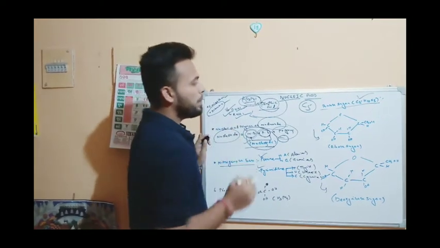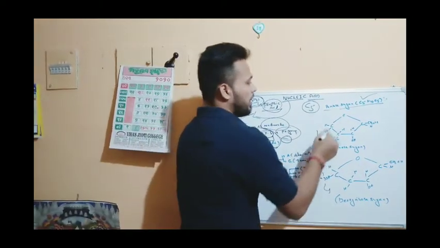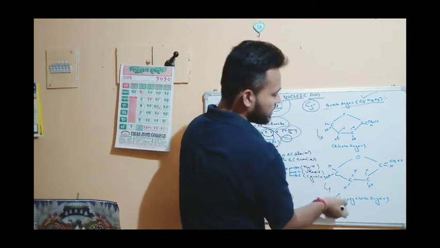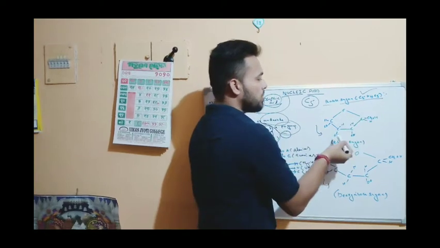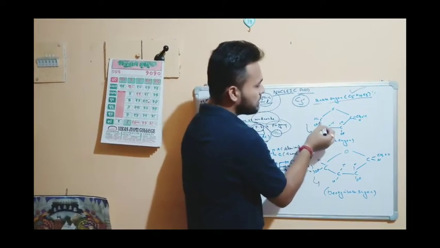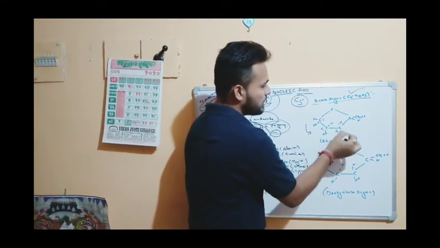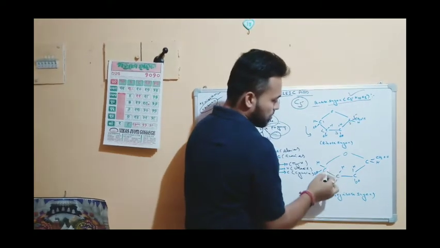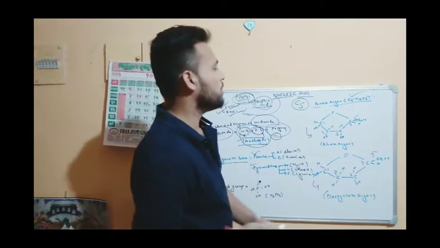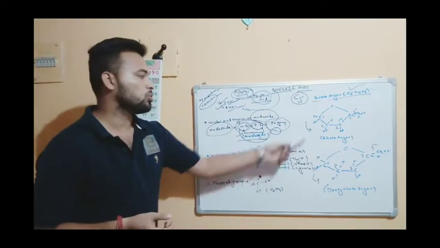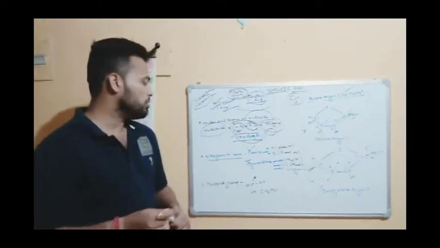The ribose sugar contains one more oxygen than the deoxyribose sugar. Let's make the graph with carbons 1, 2, 3, 4, 5. So there are two types of pentose sugar, ribose sugar and deoxyribose sugar.